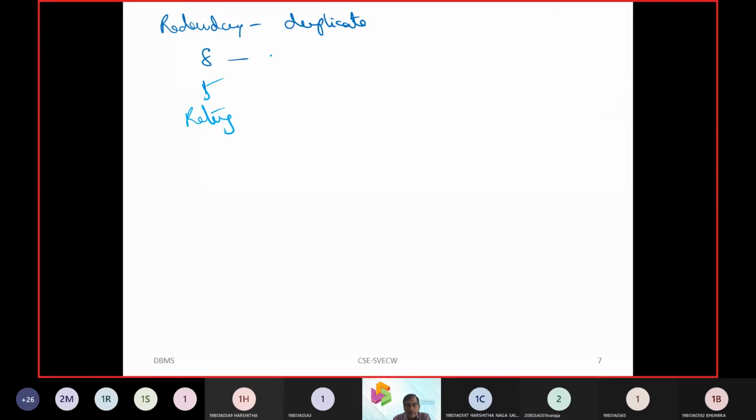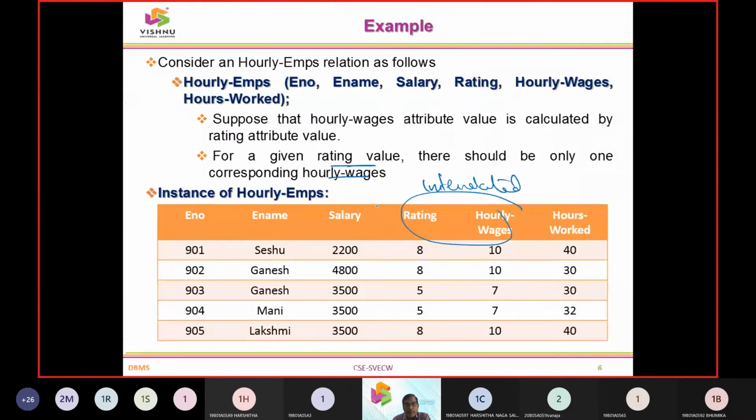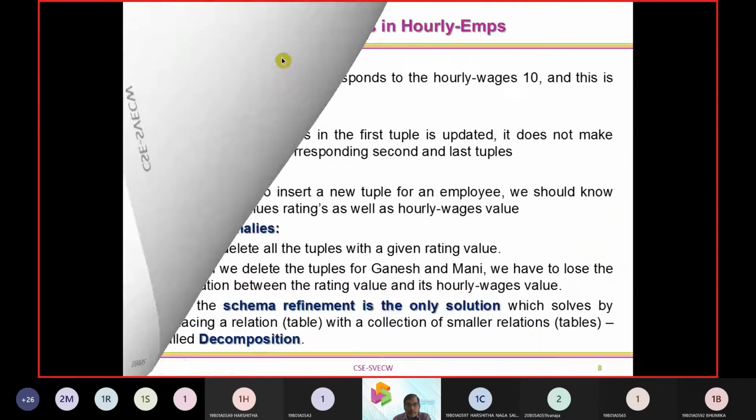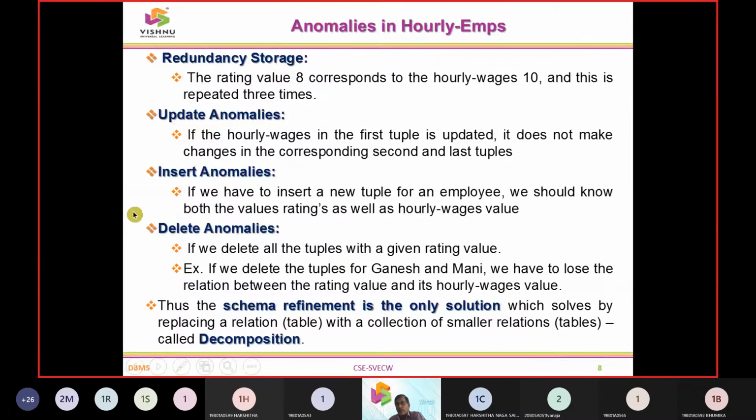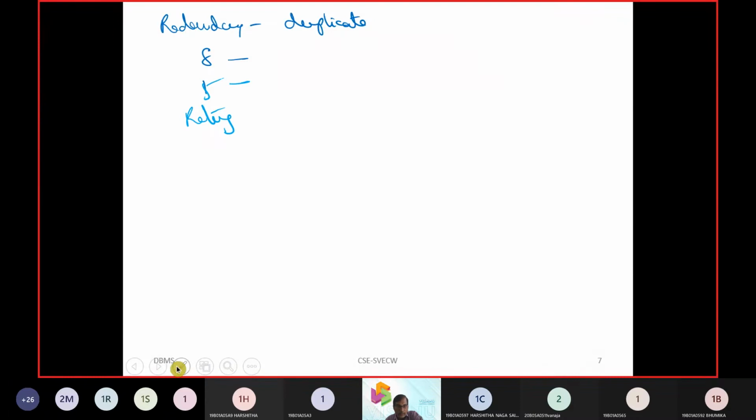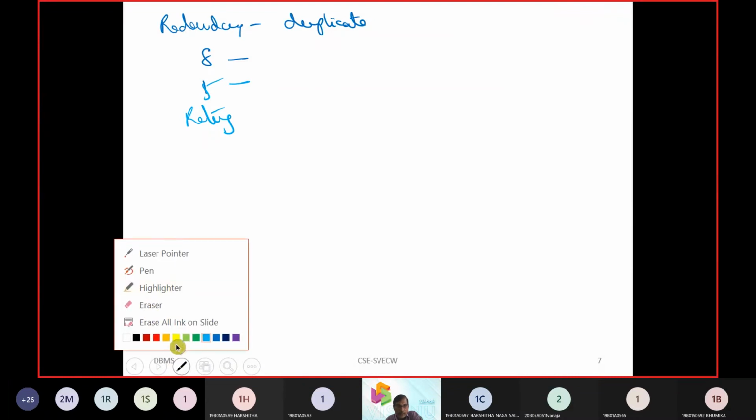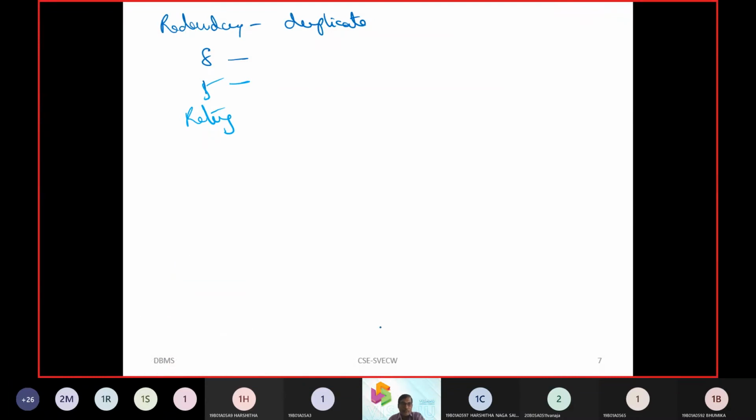Then the values: 8 is assigned to 10, and 7 is assigned to 5.